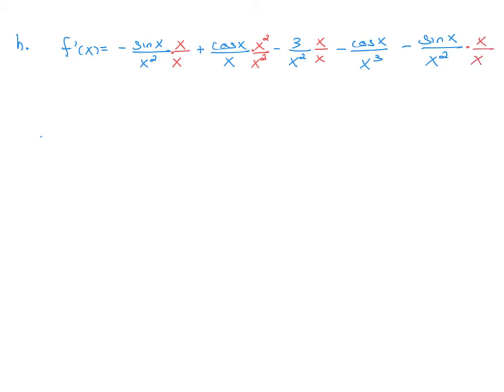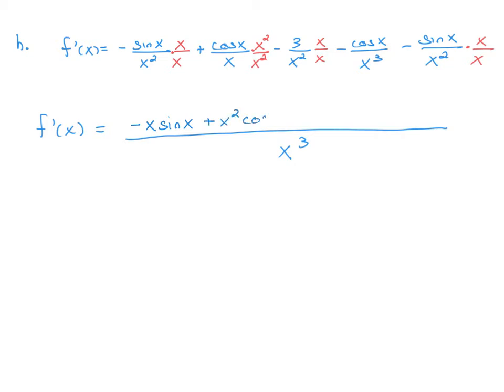What all this does is give me a large fraction whose denominator is x cubed. Okay, the first piece is going to be, I'll write it as negative x sine x. Then plus x squared cosine x minus 3x minus cosine x minus x sine x.